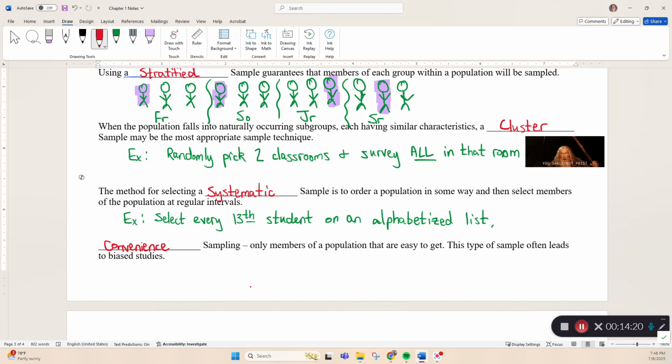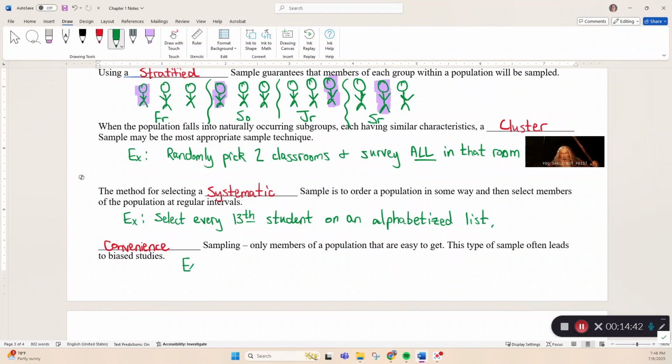Asking the first 100 people to a football game, should we build a new stadium? Yeah. Why would they say that? Well, they're passionate. They're the first 100 there. They're easy to get. They're going to the games. You're going to have a biased answer. Don't do that. Don't do convenience sampling.